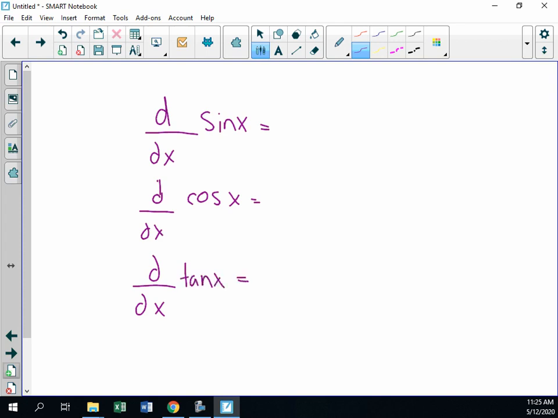So this one we have cos x, this one we have negative sine x, this one we have secant squared x.